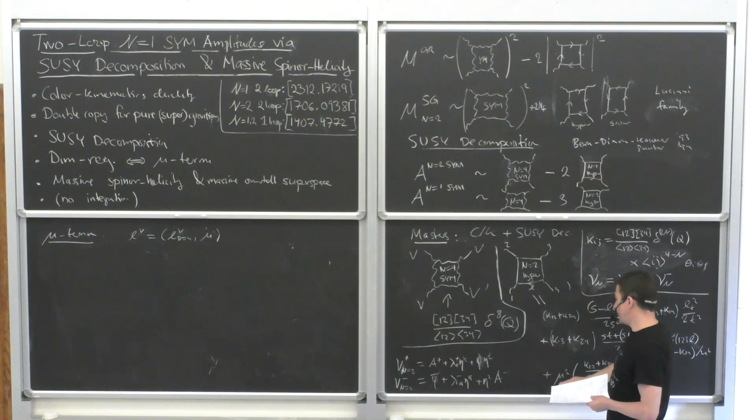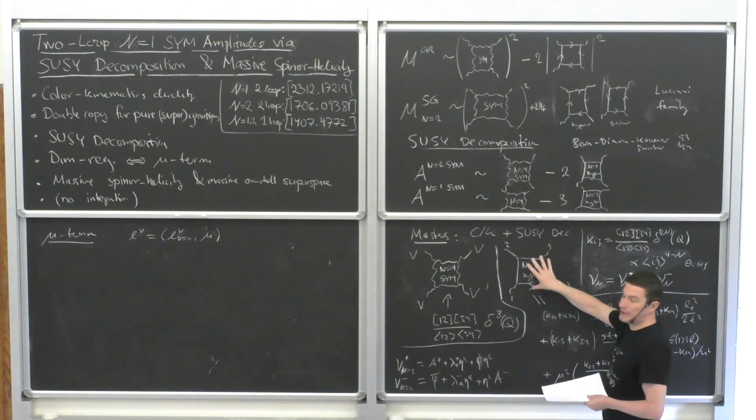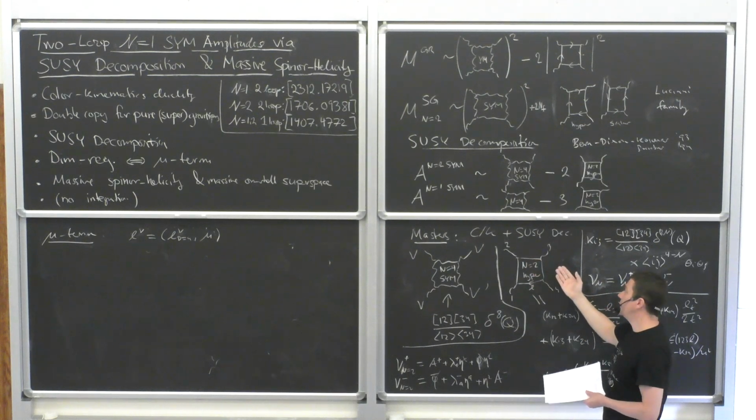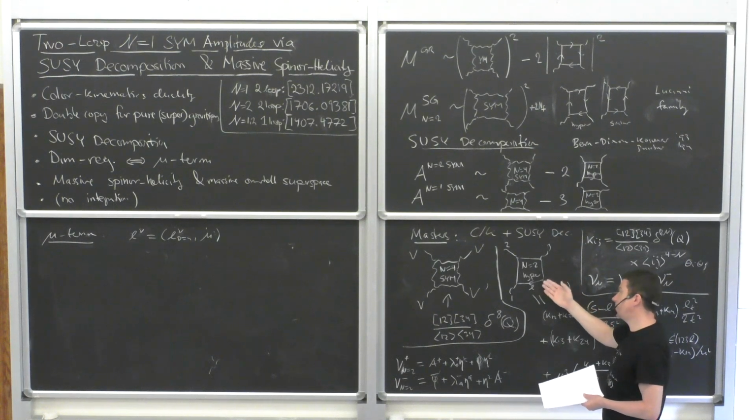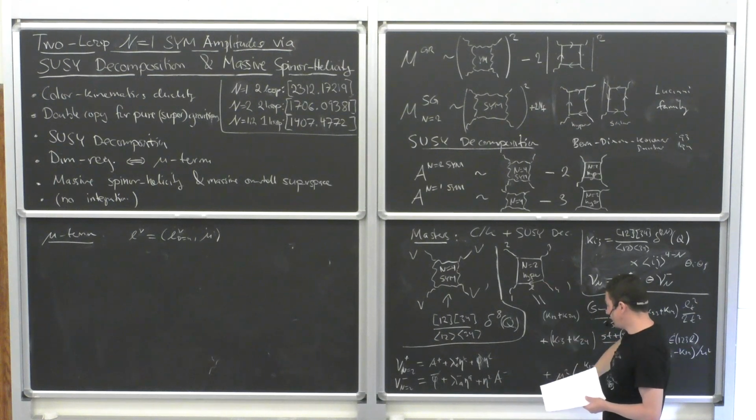But I should also say that this diagram here actually is the parity even part of the n equals 1 Carroll multiplet. So in fact, this also provides a dimensional regularization prescription for n equals 1.